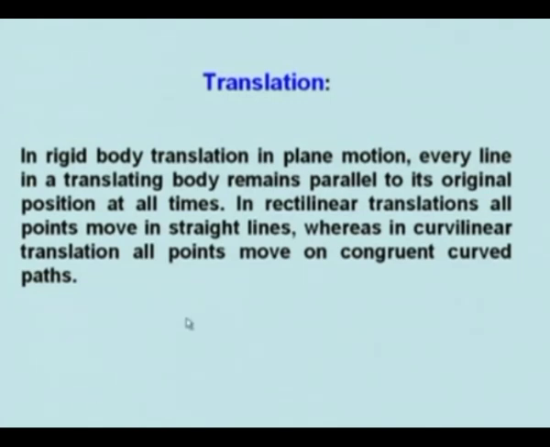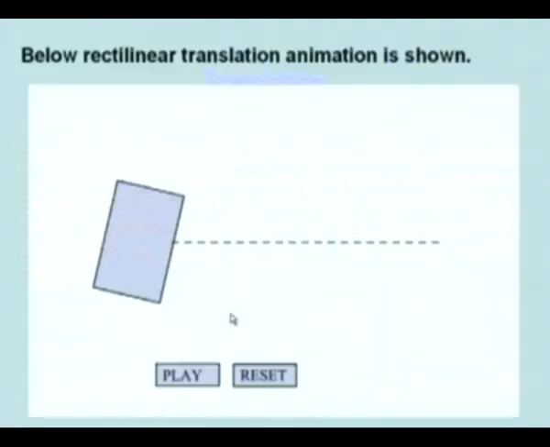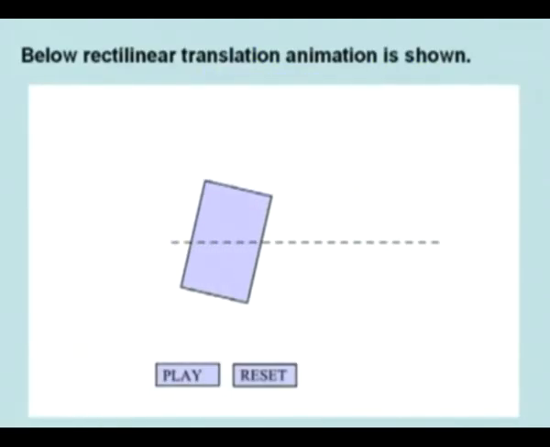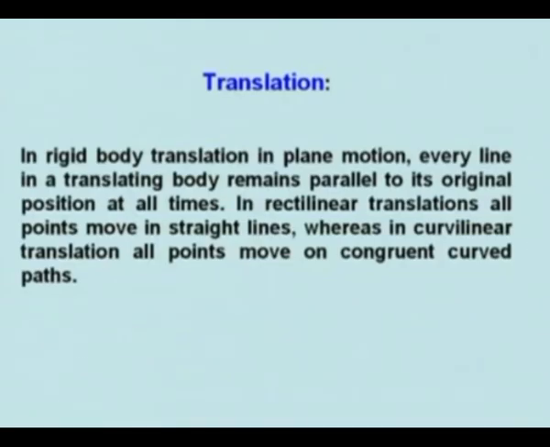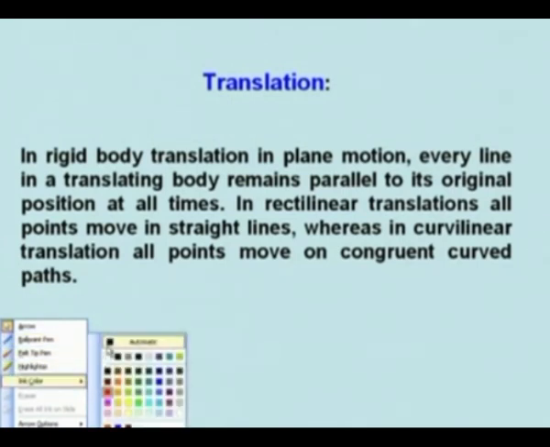So you can have completely straight line motion, or a motion which is curved, but still every line remains parallel to its original position, and therefore this can be called translation.